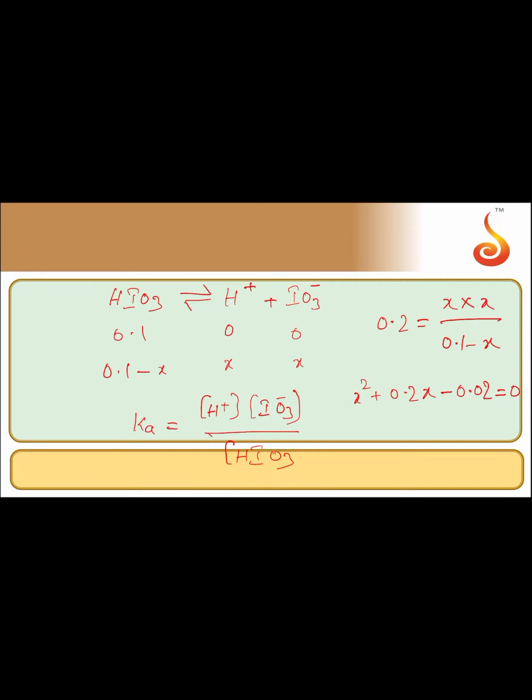Quadratic equation we are getting. If you apply the quadratic formula, we'll get the X value 0.073 molar, and this X is equal to the concentration of H+.